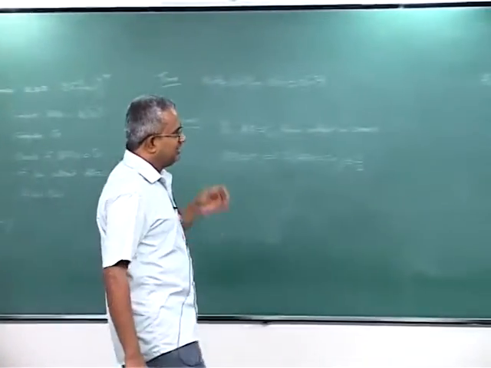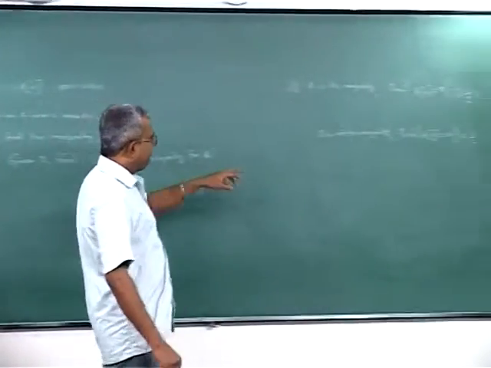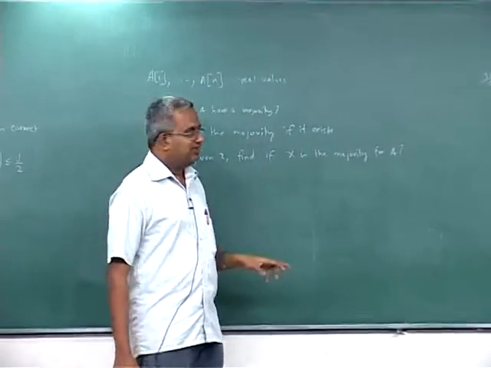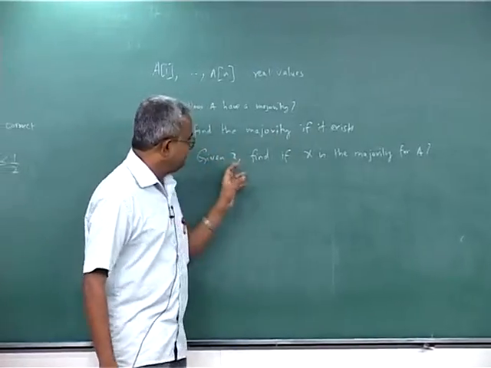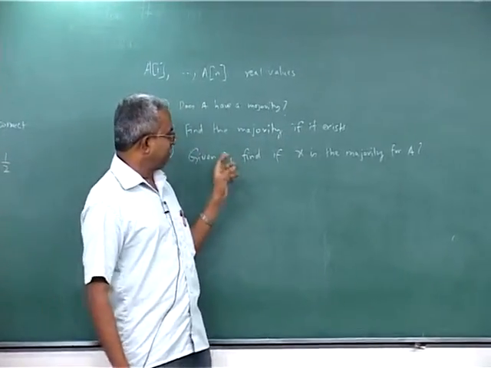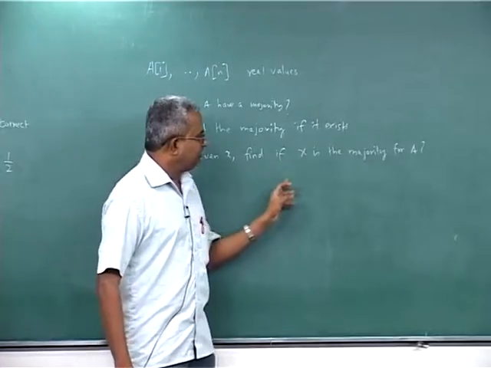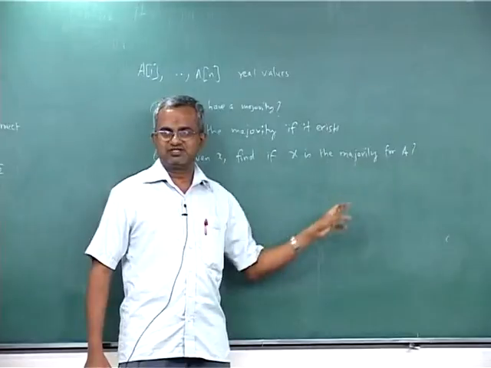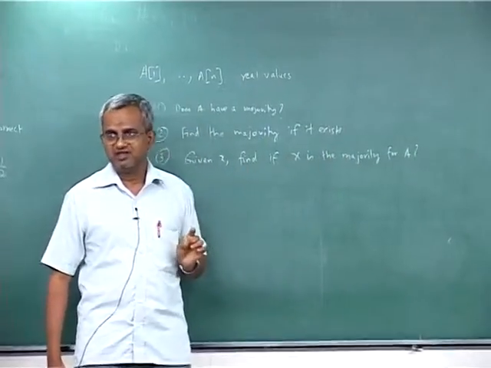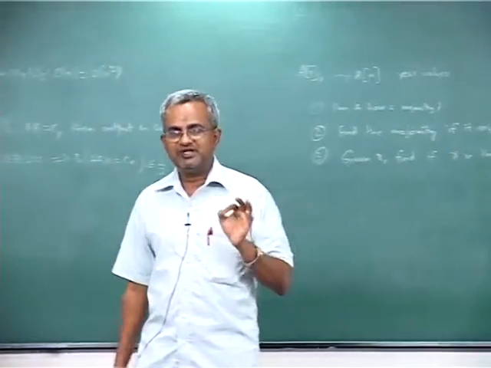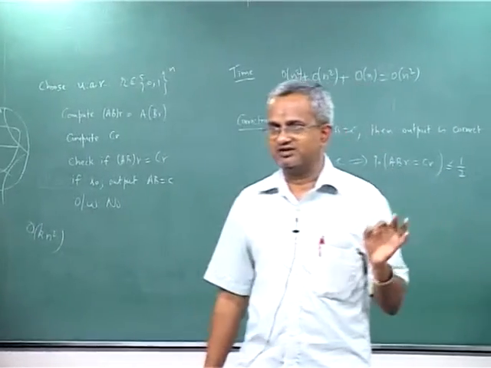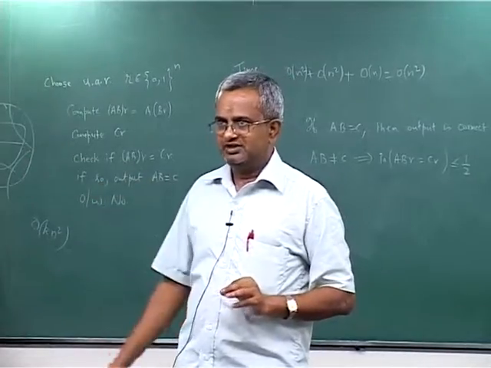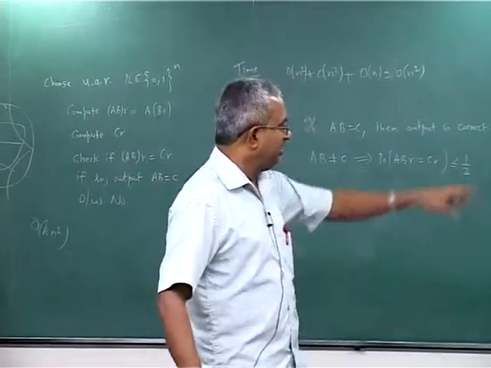And similarly here you cannot verify it, because as we have just seen, even if you are given a candidate majority X, it takes more than n by 2 comparisons to verify whether it is a majority or not. So, there are no efficient deterministic verification algorithms in both of these. That is why you go for random solutions, either here or here.